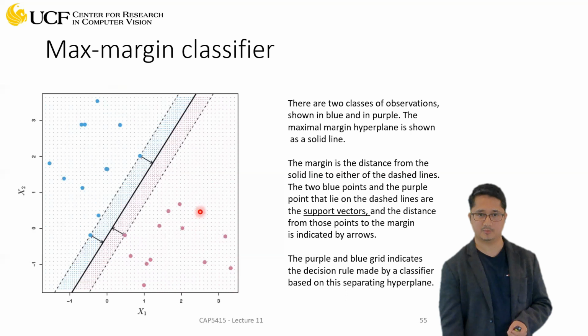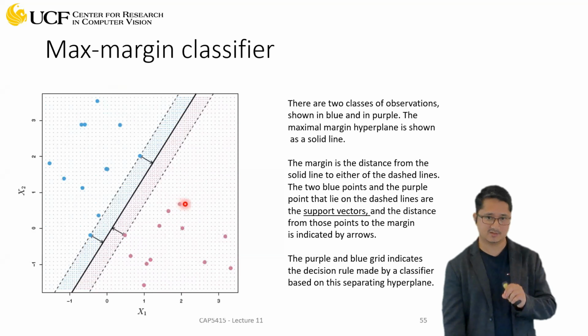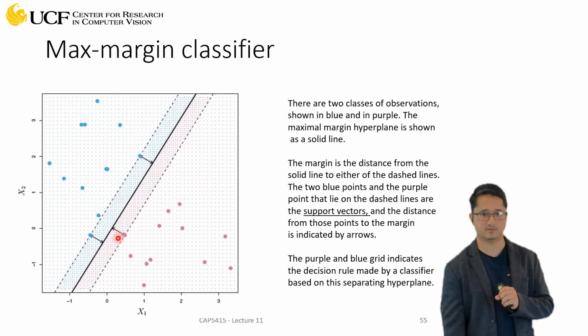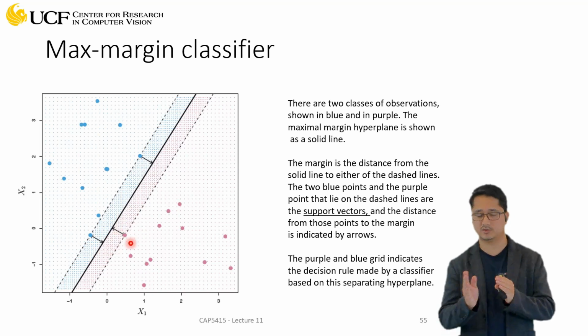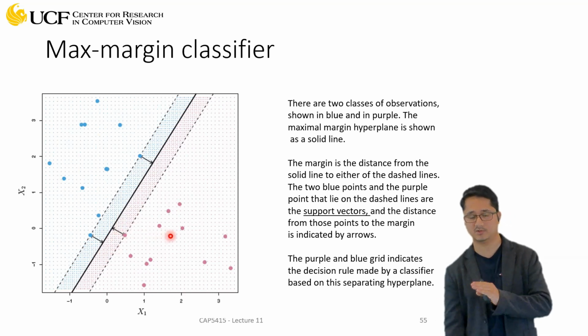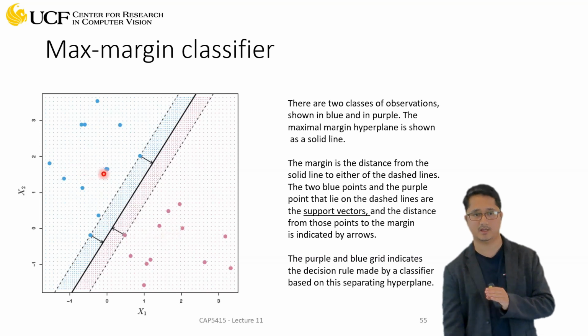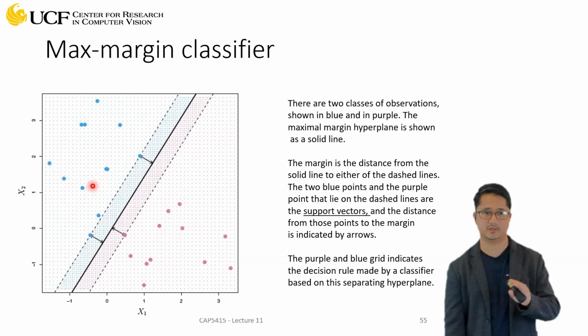If you put these points over here, or these coordinates, it will give you a positive value. So we want to satisfy the constraint that this margin should always be towards the right. All purple dots should be towards the right, and all blue dots should be towards the left.